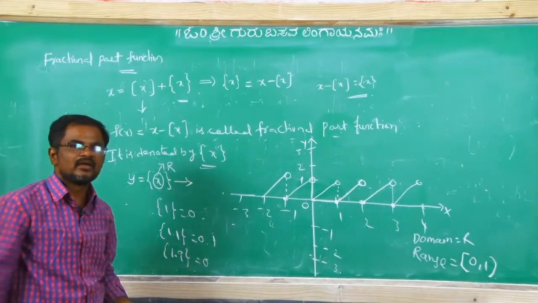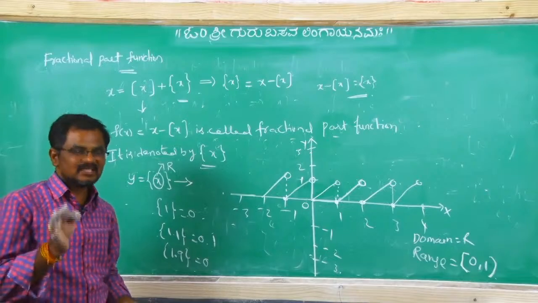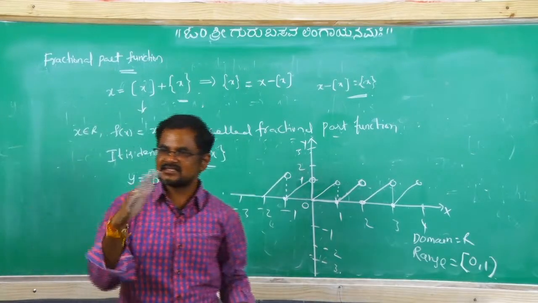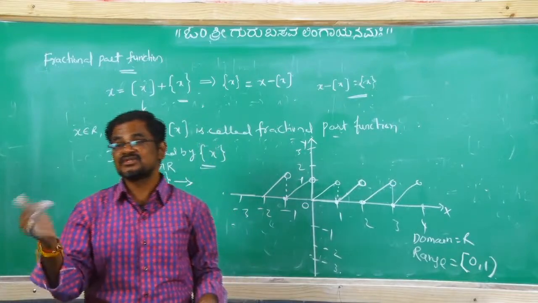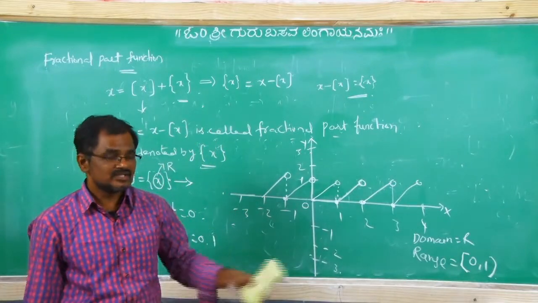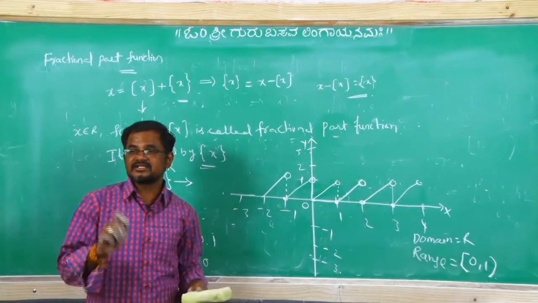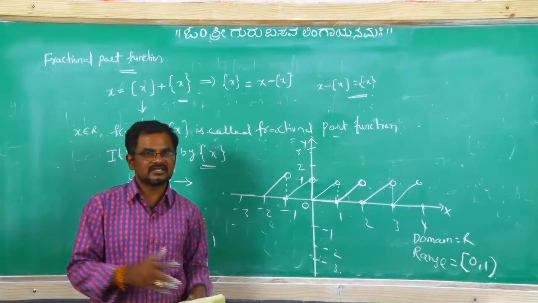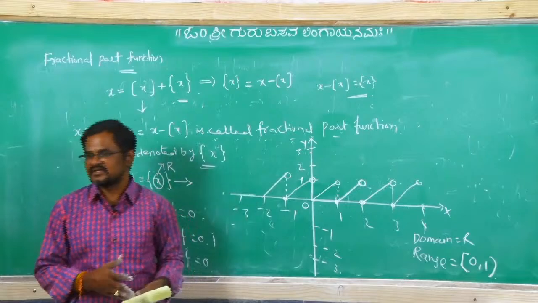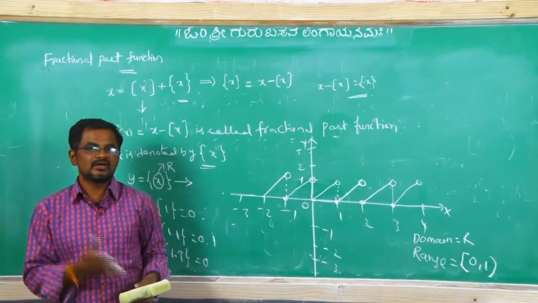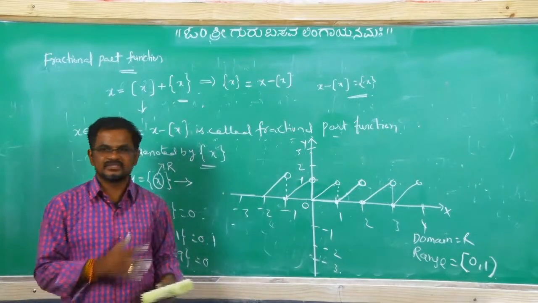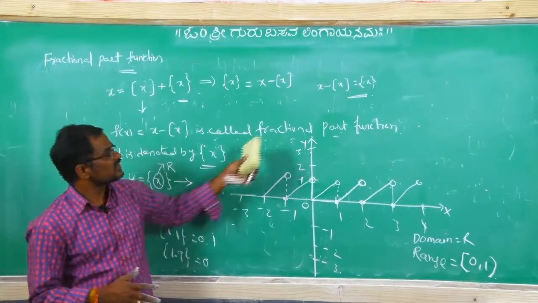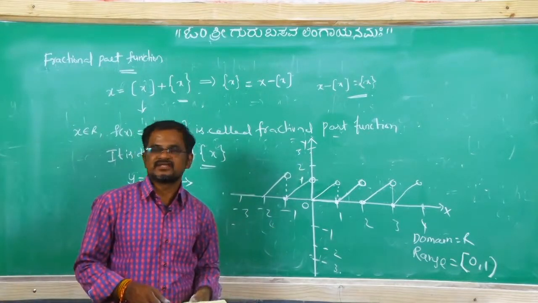First, the signum function: for x greater than 0 it is 1, for x less than 0 it is minus 1, for x equal to 0 it is 0. Next, the greatest integer function, also called the step function and the floor function. We discussed its domain, range and graph. Second, the fractional part function.